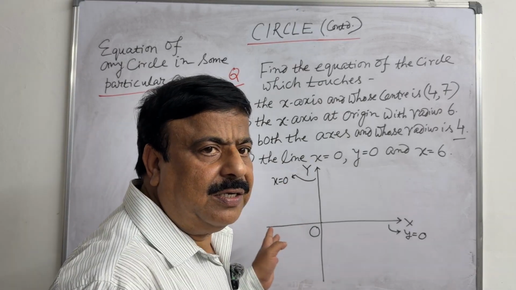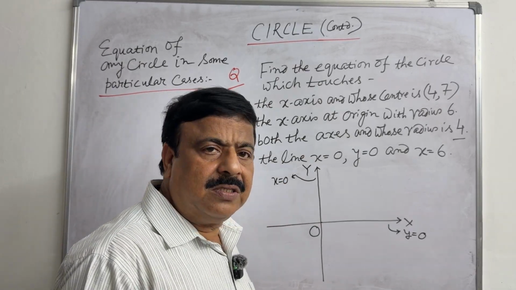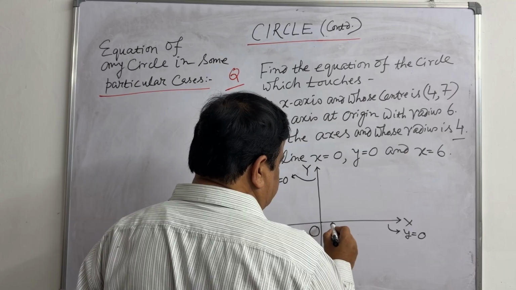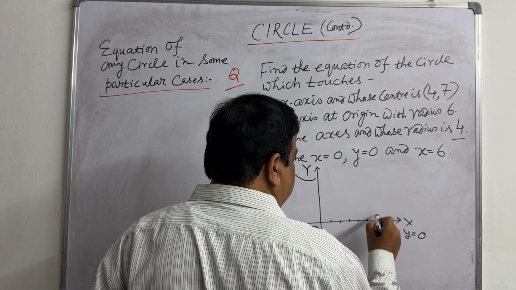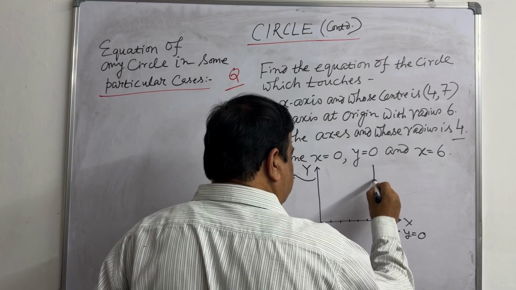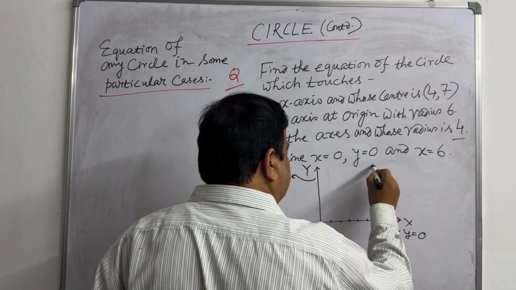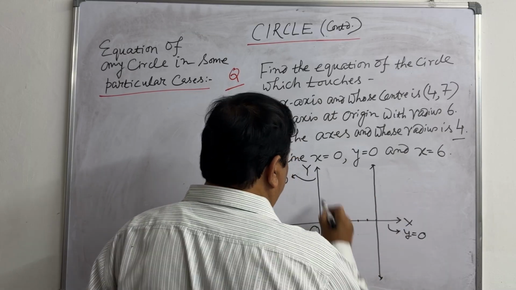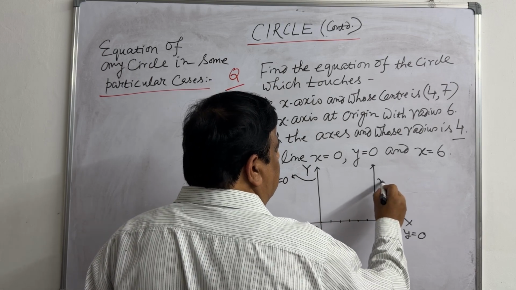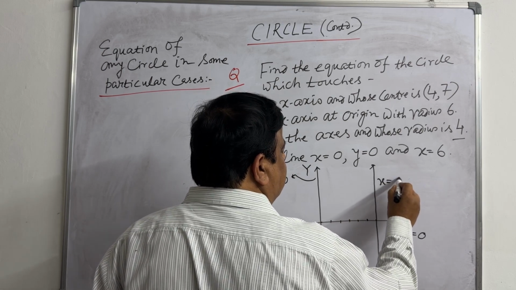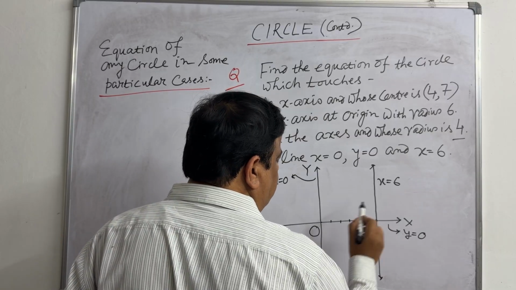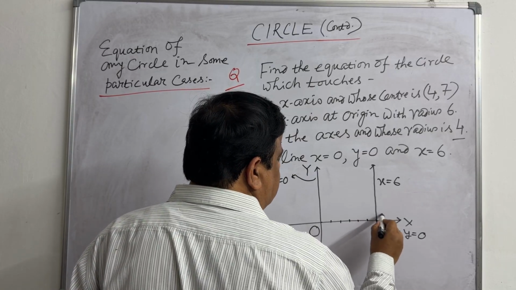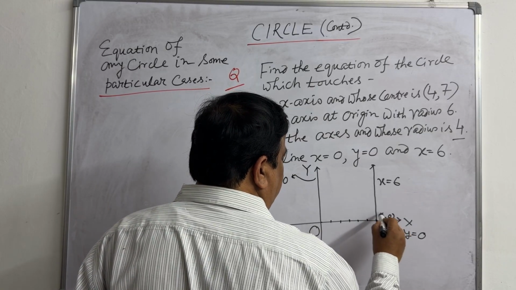You have already learned in my previous lecture what x equal to 6 is. 1, 2, 3, 4, 5, 6. So suppose this is a line parallel to the y-axis, and this is the equation x equal to 6. This point is (6, 0).